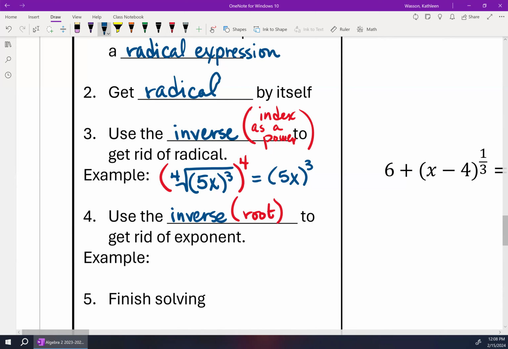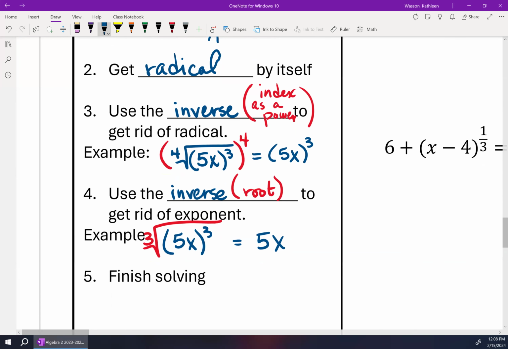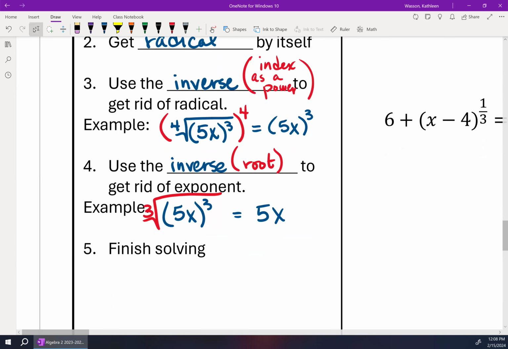So continuing with the same example, if I have 5x to the third power, to take the exponent off, I do cube root. Cube root and third power are inverse of each other. So I can take the exponent off now, and I have 5x. And then this is part of an equation, so you just keep solving for the variable.